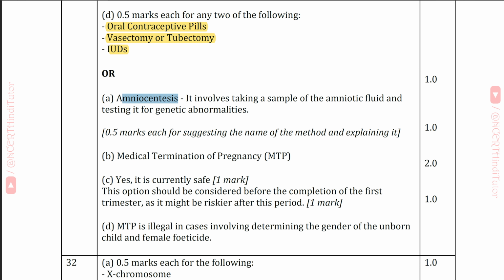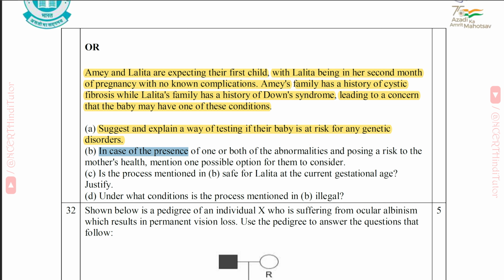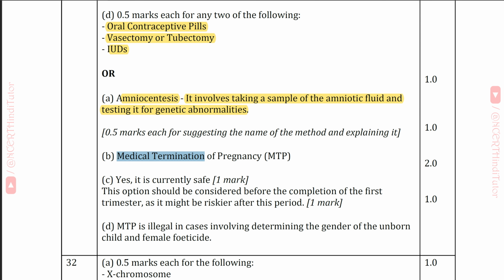Answer. Amniocentesis. It involves taking a sample of the amniotic fluid and testing it for genetic abnormalities. B. In case of the presence of one or both of the abnormalities and posing a risk to the mother's health, mention one possible option for them to consider. Answer. Medical termination of pregnancy, MTP.